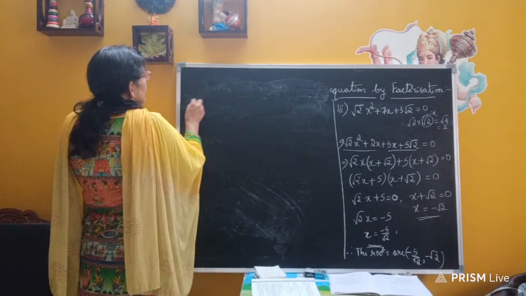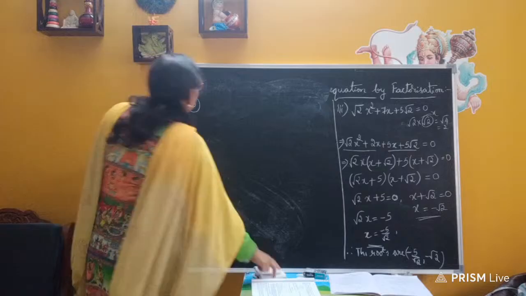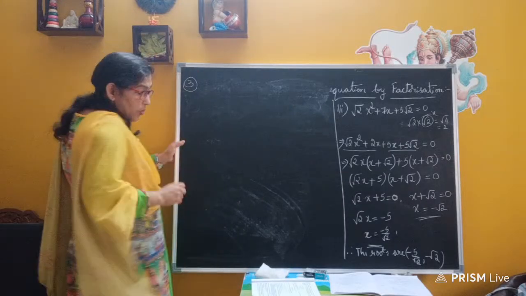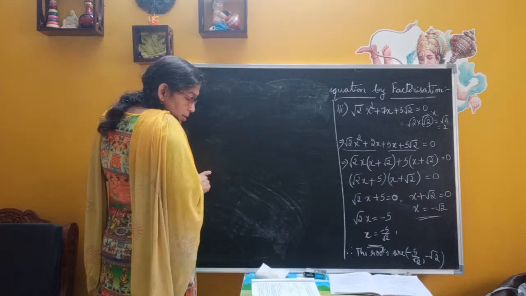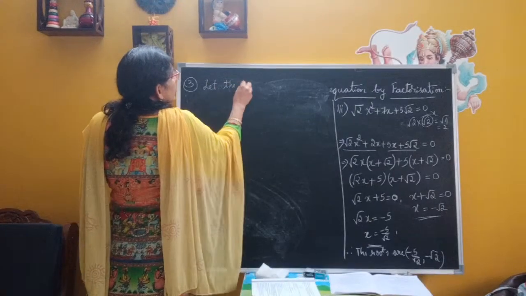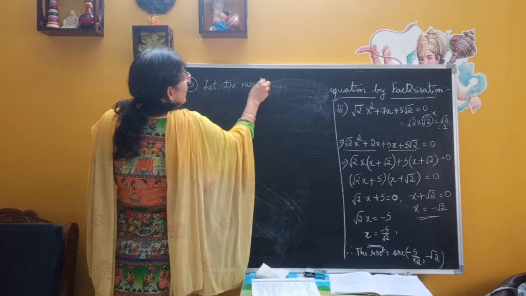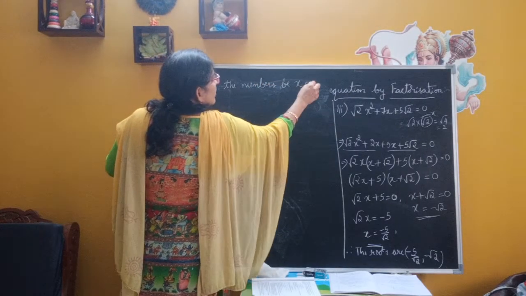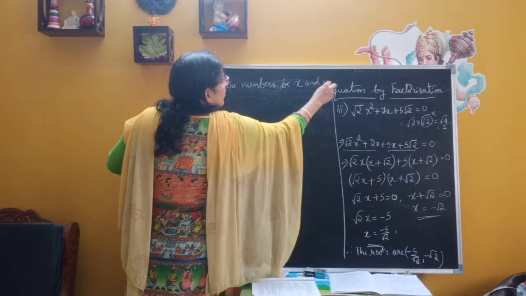It is the third problem in your exercise 4.2. So let us take the numbers. Let the unknown numbers be, as usual, x and y.